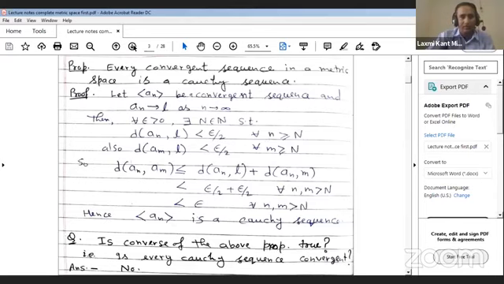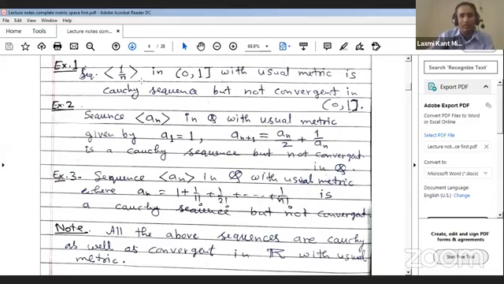We have seen the example that the sequence 1/n in the open interval (0,1] with the usual metric is a Cauchy sequence, but it is not convergent in this interval. Similarly, we have seen these two examples also.